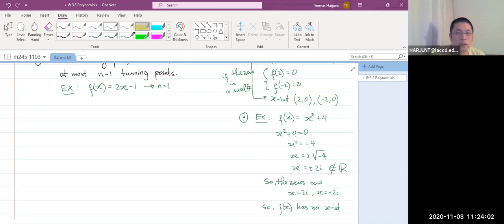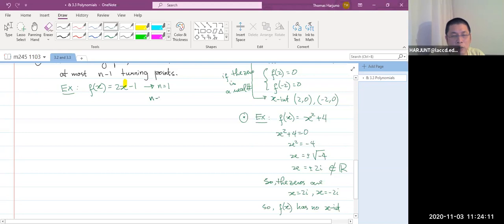The invisible 1. Because the degree is 1, n minus 1 is 0, which is the number of turning points. No turning points. In fact, if you graph that, it looks like this. It doesn't have any turn.